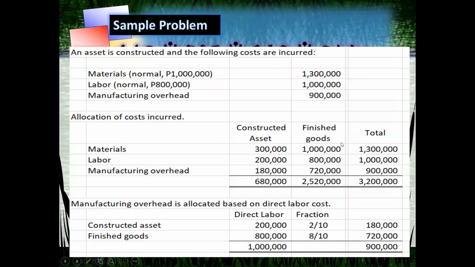The rest of the 900,000 goes to the finished goods. So the balance of your constructed asset is 680,000, whereas the finished goods is 2,520,000.